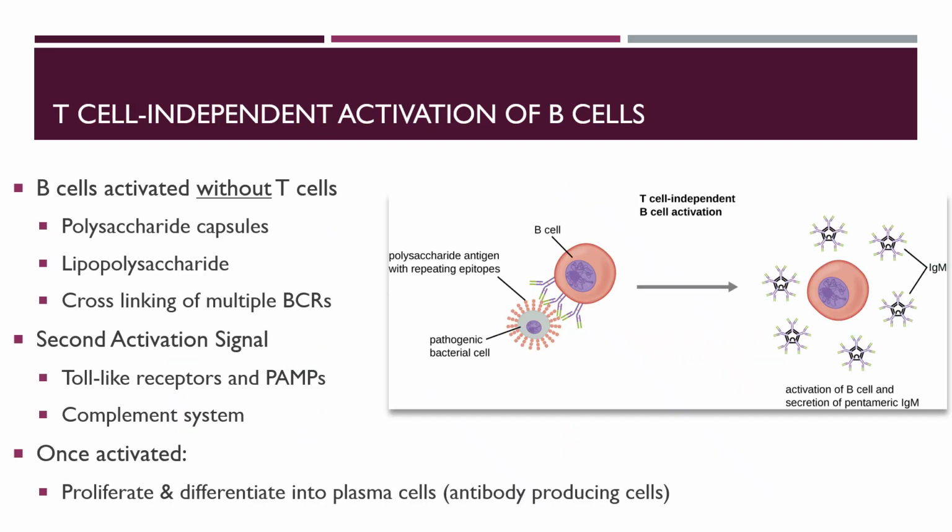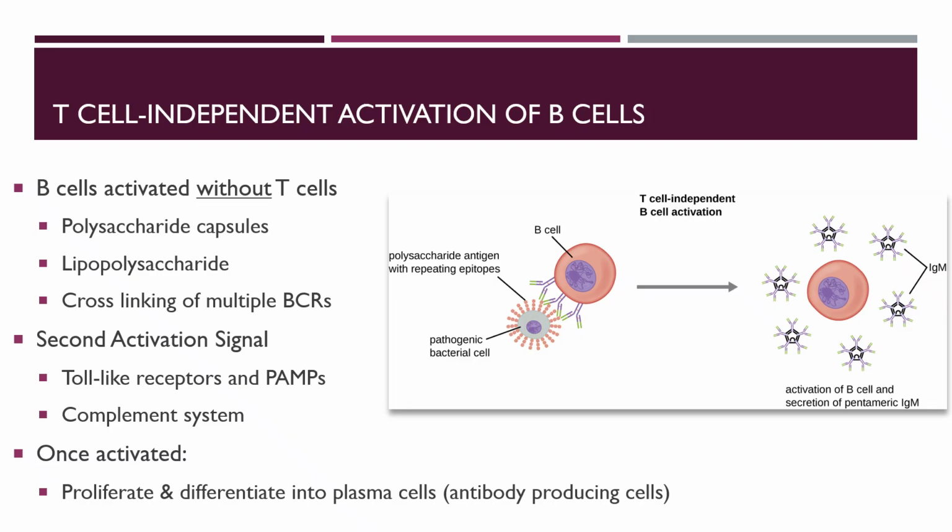All right, B cells are capable of being activated without a T cell, okay? So B cells that do this are activated by the polysaccharide capsules, the lipopolysaccharides, and cross-linking of multiple BCRs. A second activation signal has to occur.